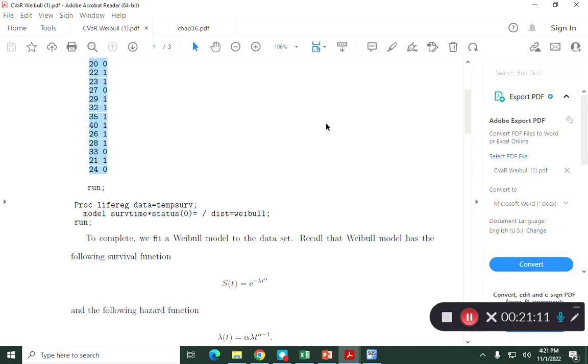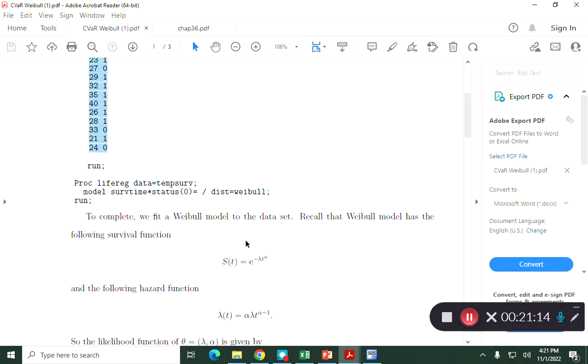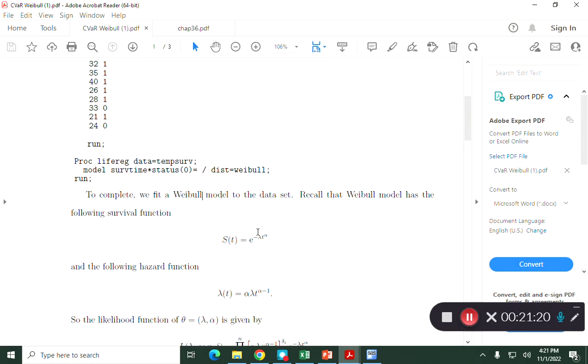So we run this according to the Weibull distribution. We will have the survival function S(t) equal to exponential negative lambda t to the alpha. So far, so good? You've seen this before, right? This is the same thing you did for the exponential using Excel in the first months of our exercise.